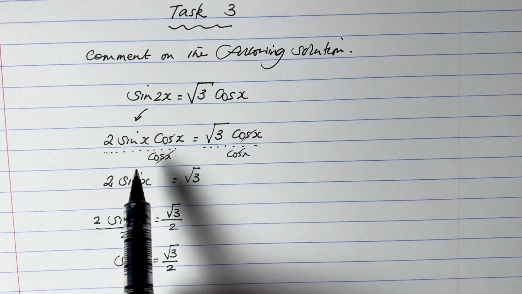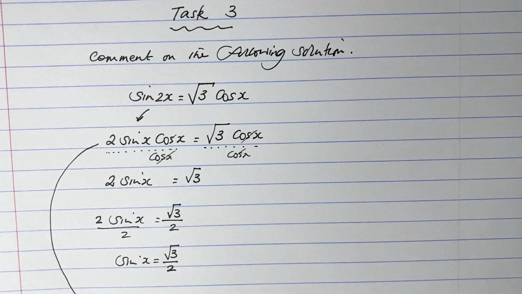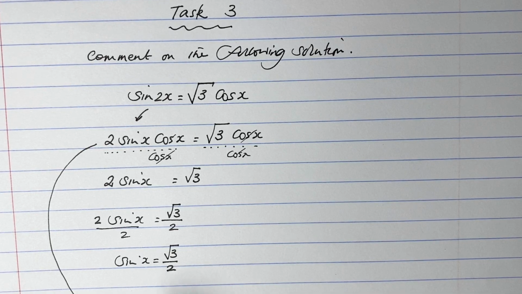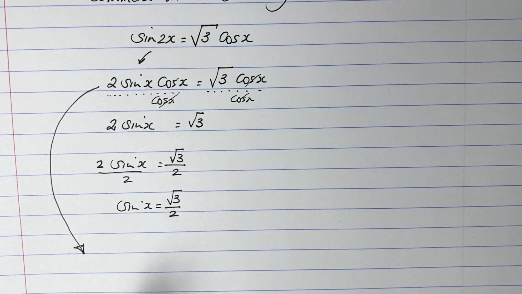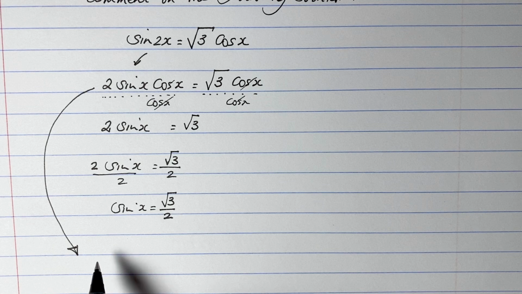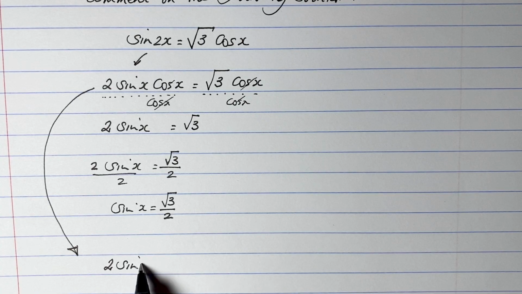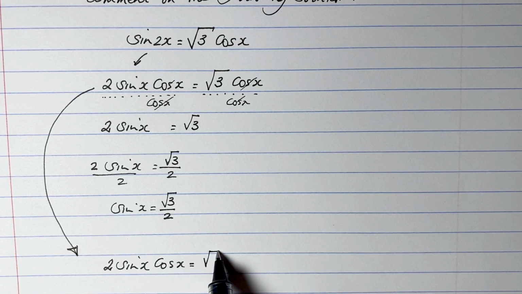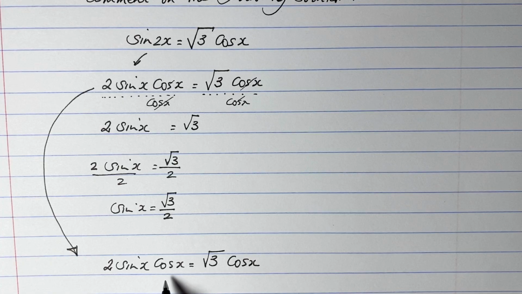So what should have been done at this stage: you shouldn't be dividing by cos of x unless you specify that cos of x is one of the solutions. So what they should have done is write 2 sine x cos x equals root 3 cos of x, deducting root 3 cos of x from both sides.